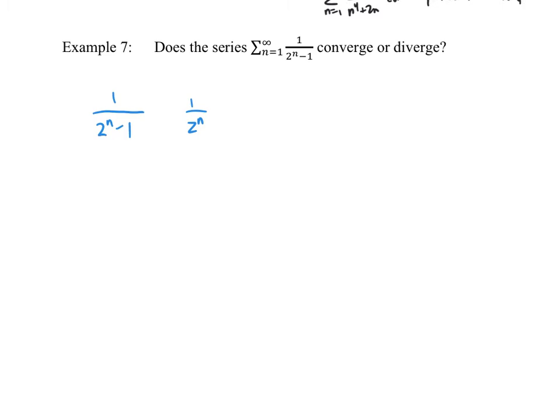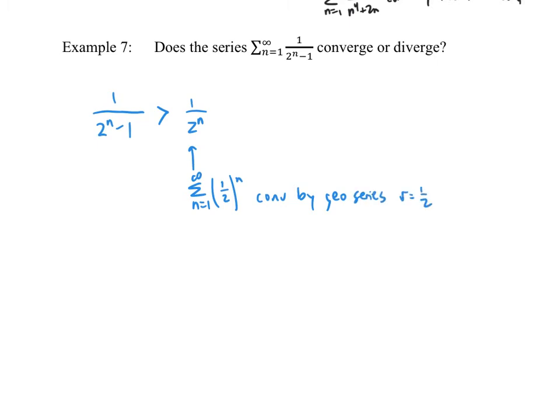Now on the left, you're dividing by less, which means that it is larger than on the right. Now this one is the one that we know. That is the series 1 over 2 to the n, which is convergent by the geometric series test, because r is equal to 1/2.